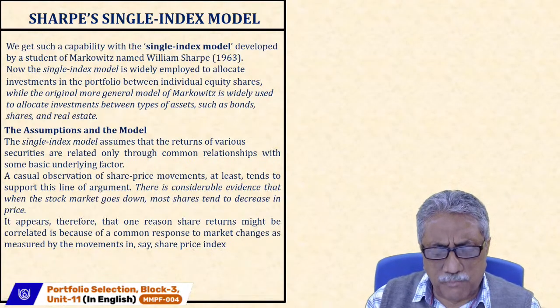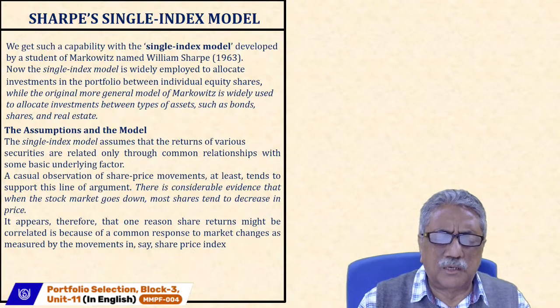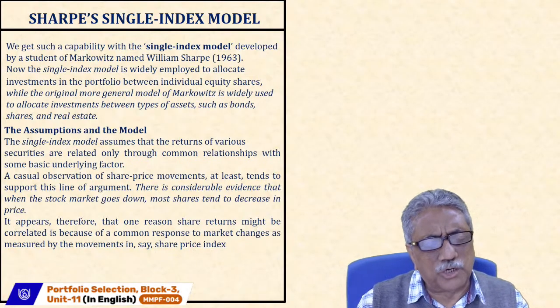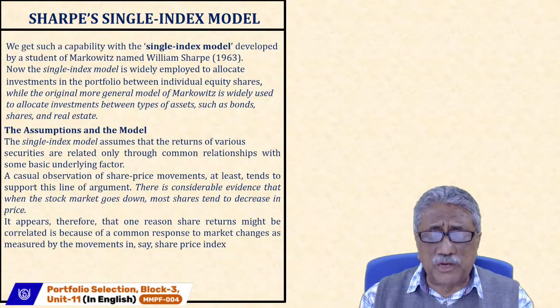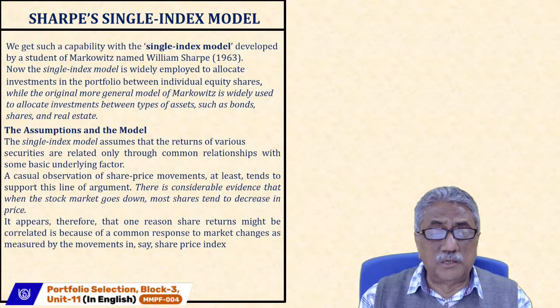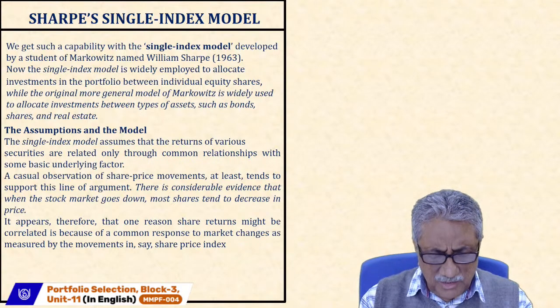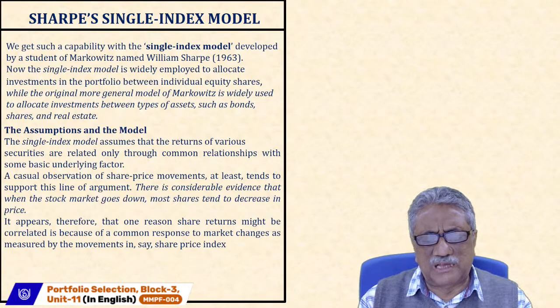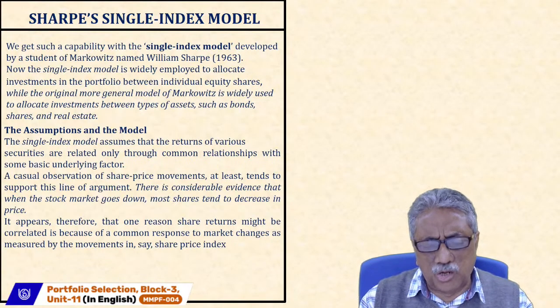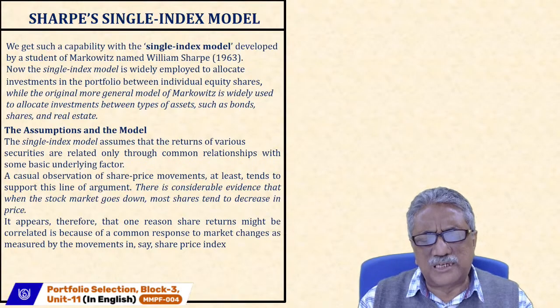Some shares have gone up more than Nifty, some less than Nifty, some have not gone up, they have gone down. So this you can study. In fact, this can be a homework. You can study the monthly return of the Nifty and the return of the Nifty stocks, whether they have gone up more than Nifty, equal to Nifty, or less than Nifty.